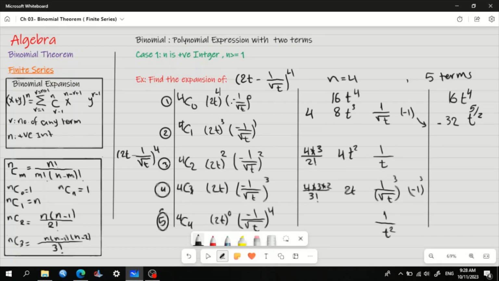Okay, and let's continue that. Here we have 6, so we have here 24t.